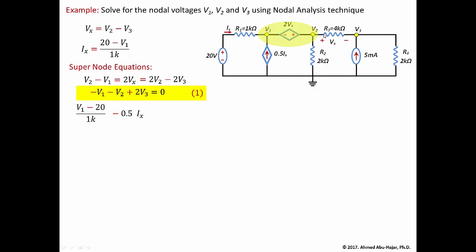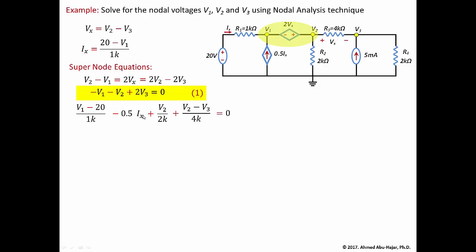Then on the other side we're going to have V2 over the 2K, plus the current leaving here, plus V2 minus V3 over the 4K, which is the current leaving this resistor. And that will equal 0.